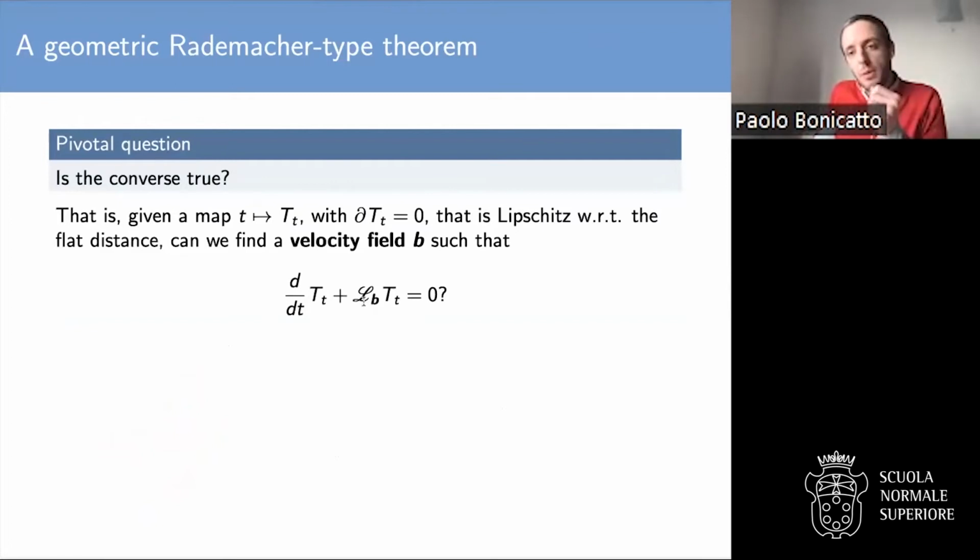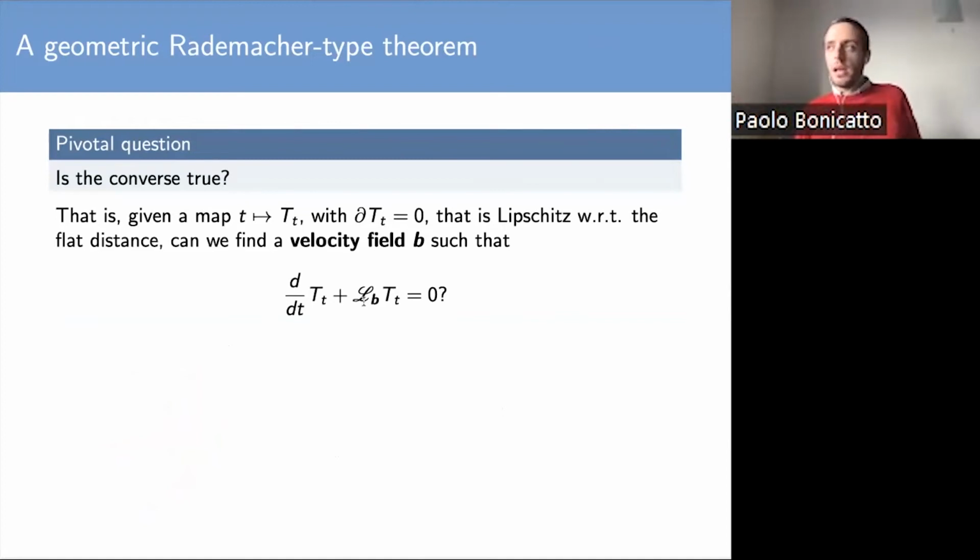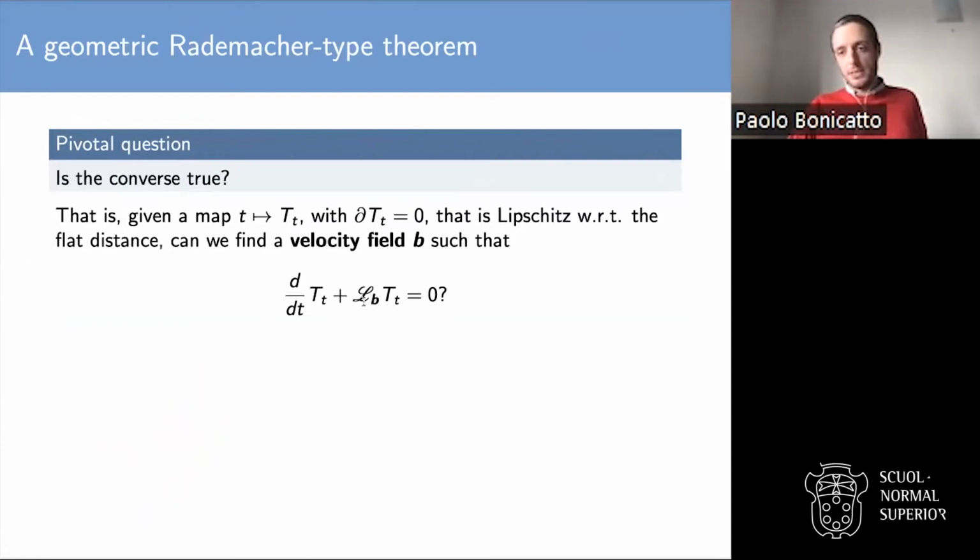Suppose that we are given a current valued map, and to every time it gives me a current with boundary 0, and I assume that such a map enjoys Lipschitz regularity, again Lipschitz with respect to the flat distance. Can I construct a vector field B which is advecting these currents T_t, which is solving the PDE for this T_t?